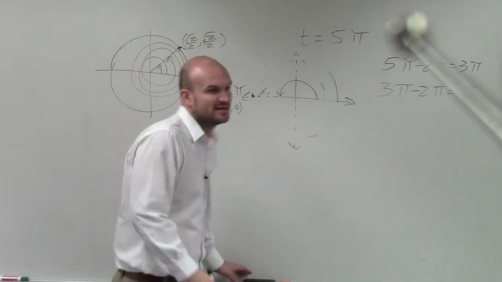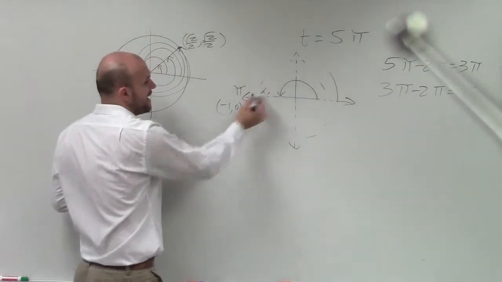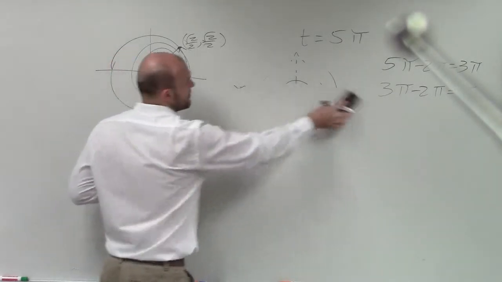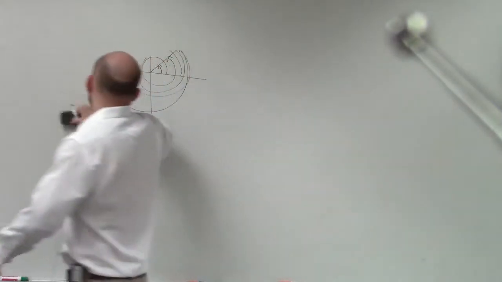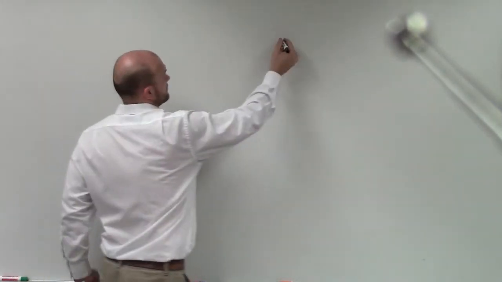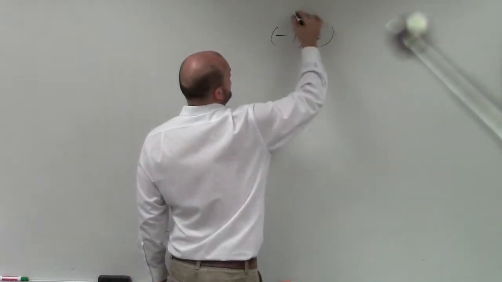Right? So now let's go and evaluate our 6 trigonometric functions. At pi, we know the point is -1, 0. So now let's evaluate our 6 trigonometric functions at -1, 0. Remember, we have an x and a y coordinate.